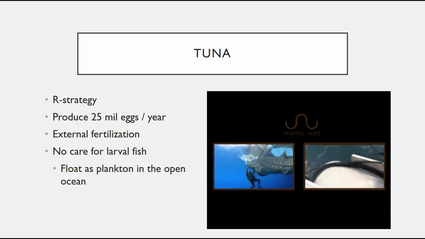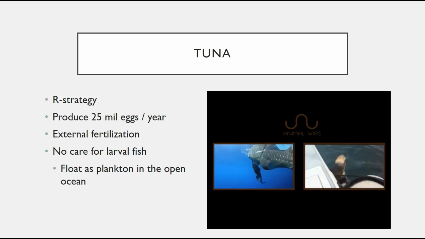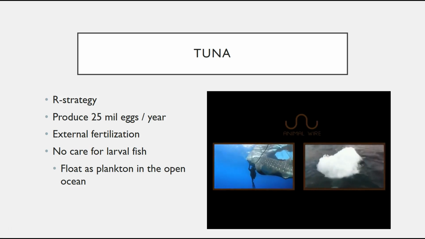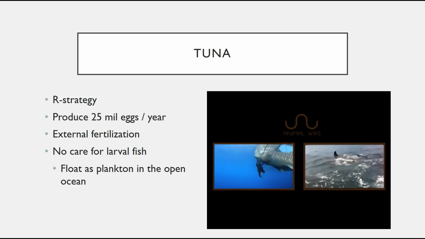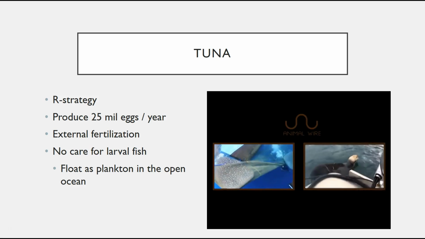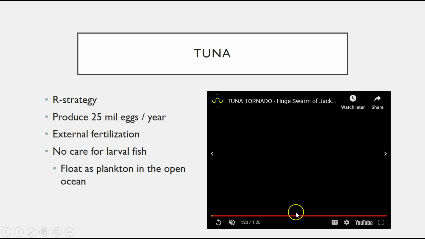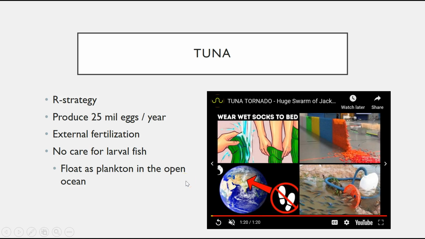So think about this. It floats to the ocean surface, again, because that's where the food's going to be. And also in the open ocean, there's no cover, no habitat aside from the sargassum mats that are going to be out there. So our strategy, no care.